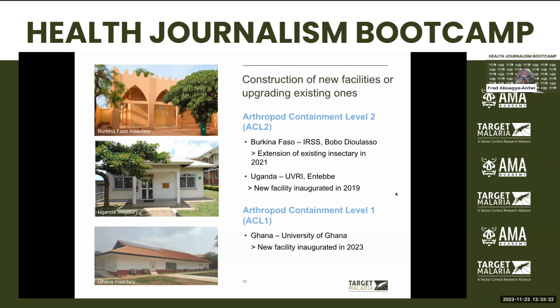And in Uganda, a level 2 arthropod containment facility was put up in 2019. And in Ghana, in the University of Ghana, just earlier this year in February, a level 1 arthropod containment facility was inaugurated. This facility has the potential to be upgraded when the need arises to a level 2 containment facility. Next slide, please.